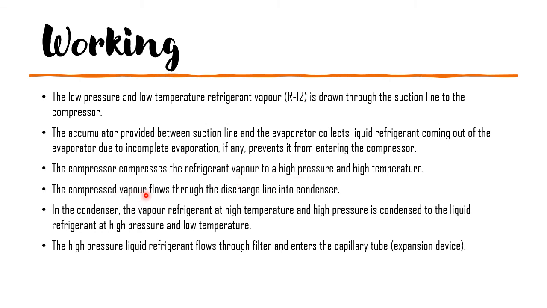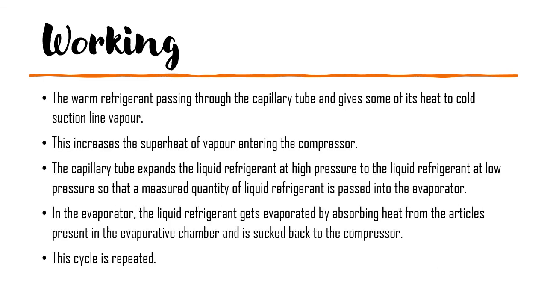This compressed vapor flows into the condenser through the discharge line. Next, in the condenser, vapor refrigerant at high temperature and pressure is condensed to liquid refrigerant at high pressure and low temperature. This high pressure liquid refrigerant flows through the filter and enters the capillary tube, which is the expansion device.